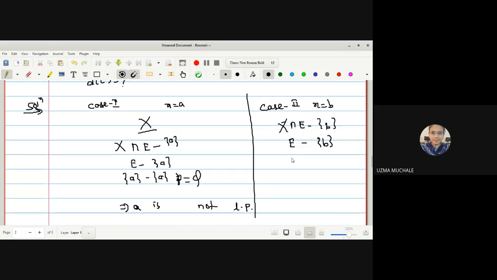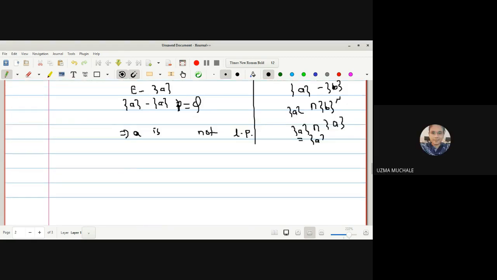The set E is given to us as singleton A, minus B. What is this minus? I can convert it to a complement of B. What is the complement of B? It is A. So now we can say it is singleton A, which is non-empty. So I can now write that x equal to b is a limit point.